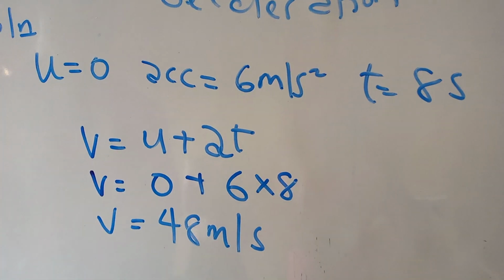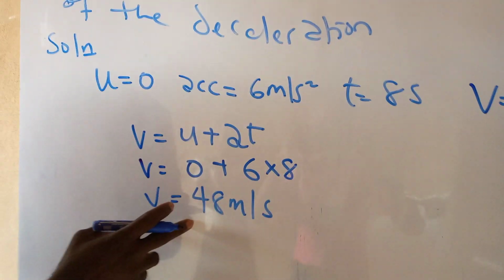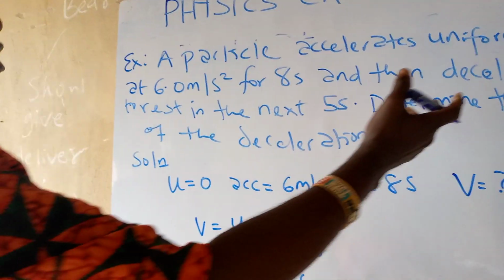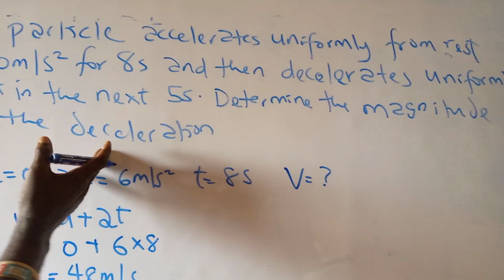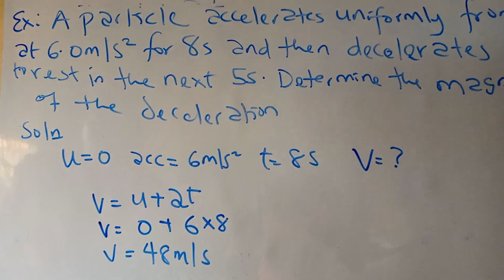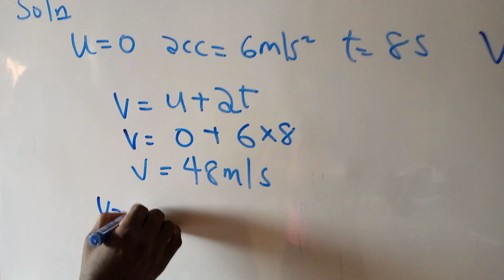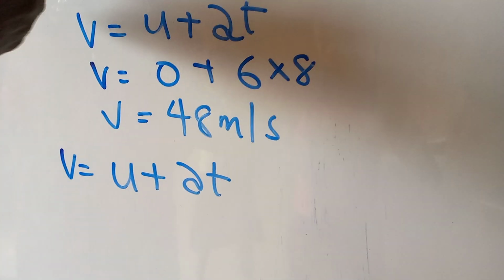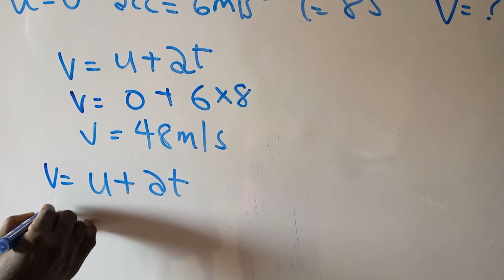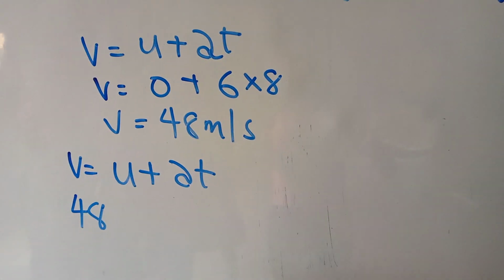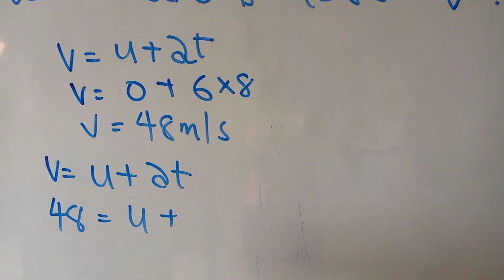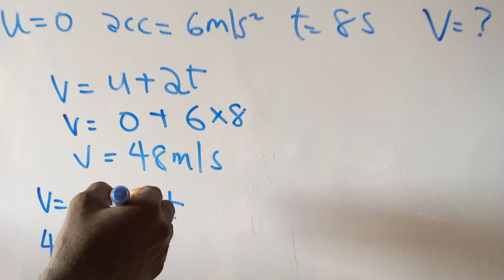Having found this, I have the initial velocity, the final velocity, the acceleration and the time, so I can determine the magnitude of deceleration using the same first equation of motion, V equals U plus at.